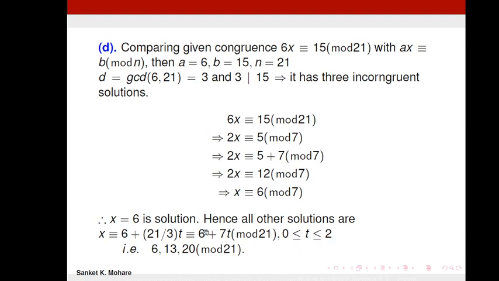So for t equals 0, x is equal to 6. For t equals 1, x is equal to 13, and for t equals 2, x is equal to 20. So 6, 13, 20 modulo 21 are the only incongruent solutions, and all other solutions are congruent.